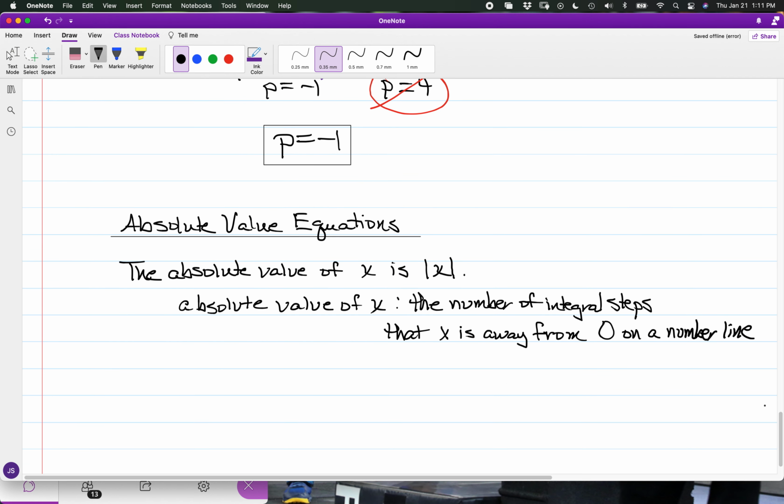And we mentioned as well, now for absolute value. Absolute value is going to be a non-negative quantity.